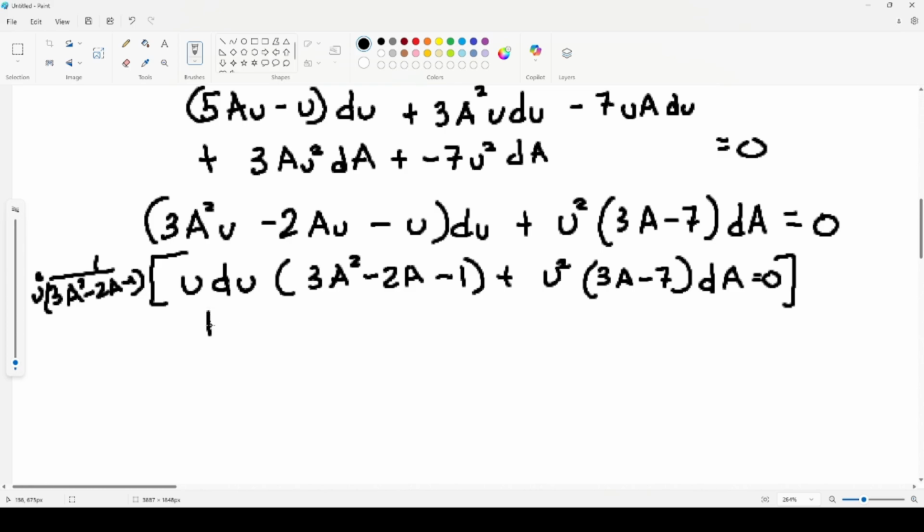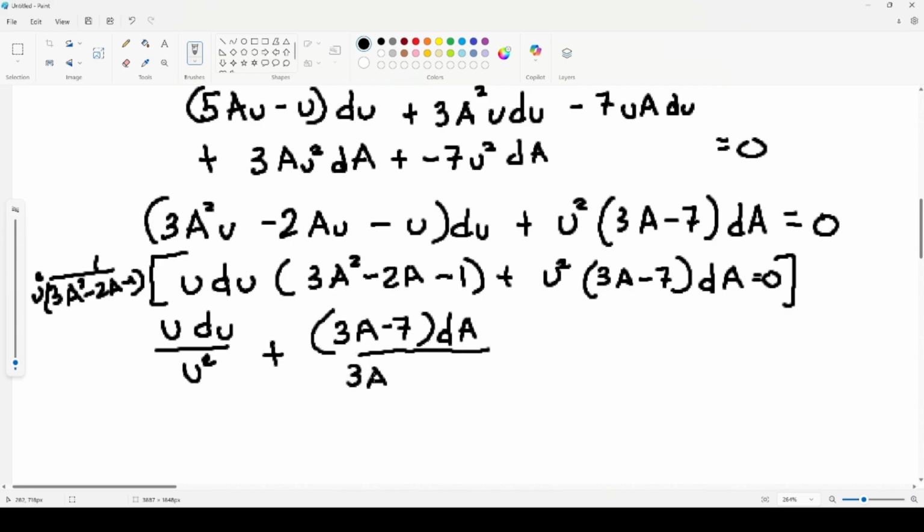So this becomes u du divided by u squared plus (3a minus 7) da over (3a squared minus 2a minus 1). It is now separable.